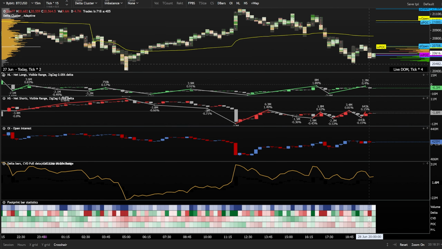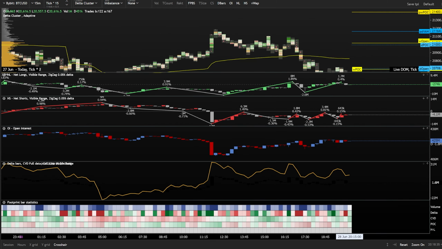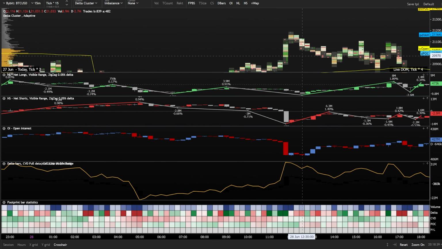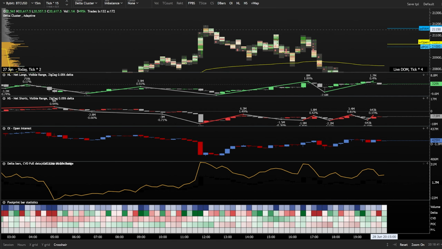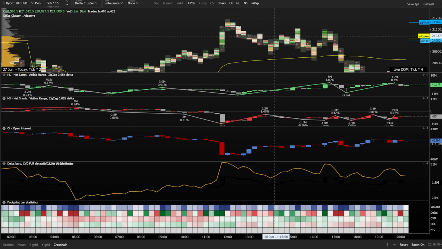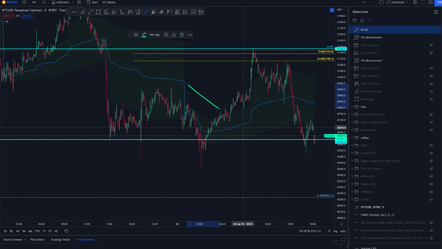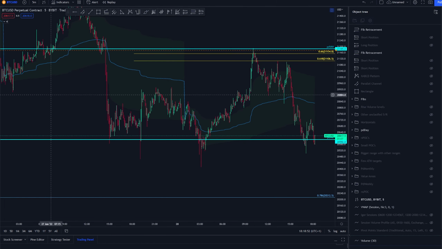Perfect. So now let's discuss the resistance we actually had at this pivot right here. So basically the main resistance, well, what do you know? Previous day value area high. Amazing. Now obviously that's not enough. We need more confluences. So what kind of confluence did we have here also? Well, I'll just draw it again, I guess.